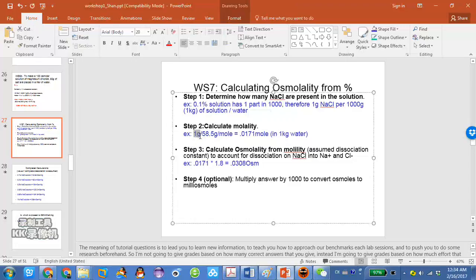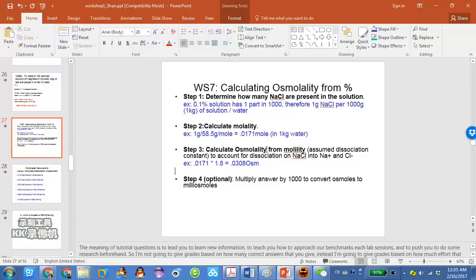We divide 1 gram by the molecular weight of NaCl, which is 58.5 grams per mole. The final number is 0.0171 moles in every 1 kilogram of water, and that is the molality of NaCl in the 0.1% solution.